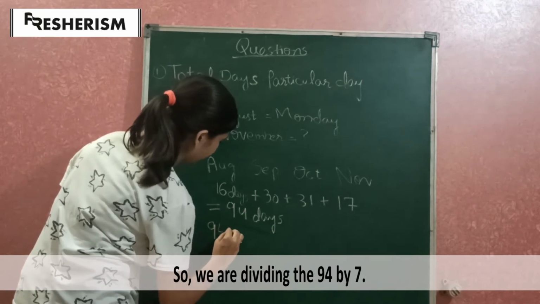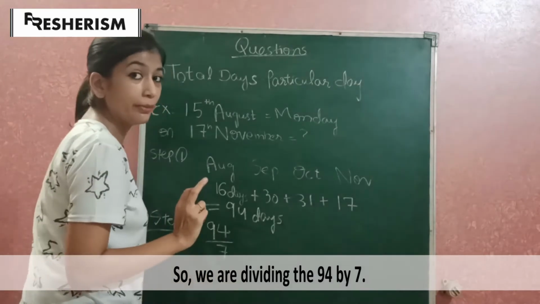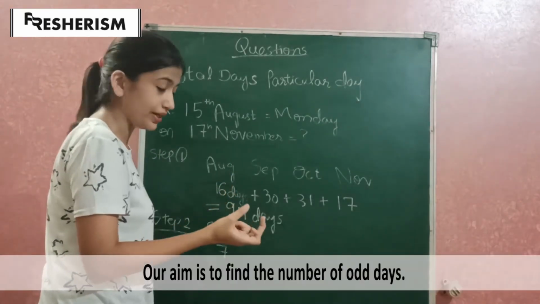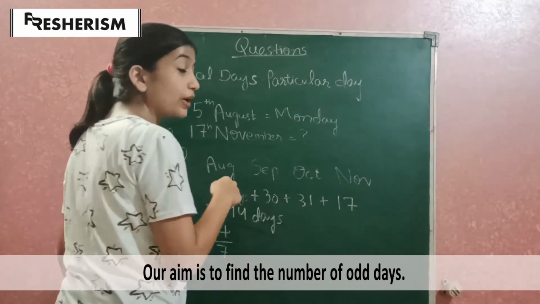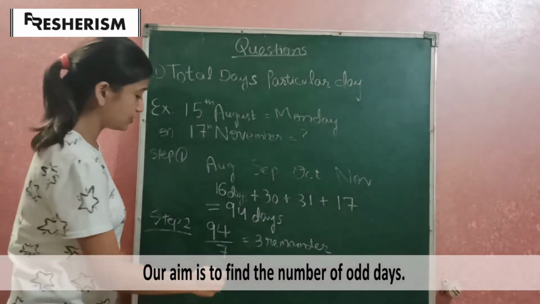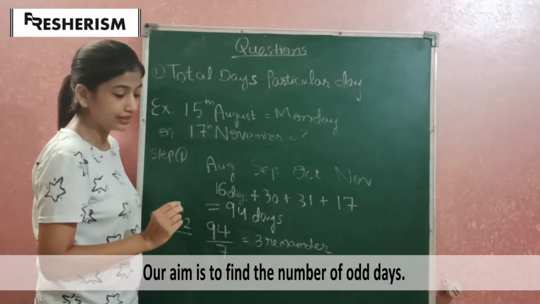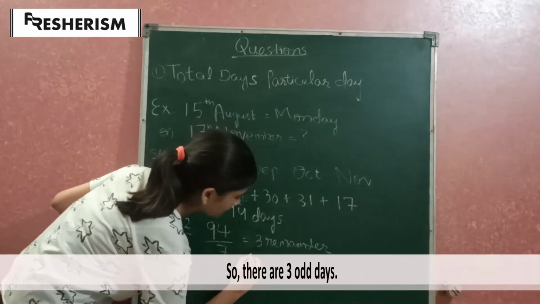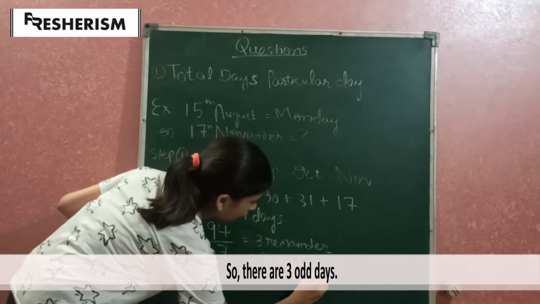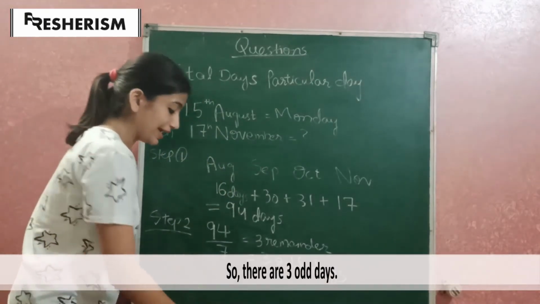If we divide 94 by 7, the quotient will be the number of weeks, but the remainder will be our number of odd days. 3 is the remainder. So the number of odd days from 15th of August till 17th of November is 3.